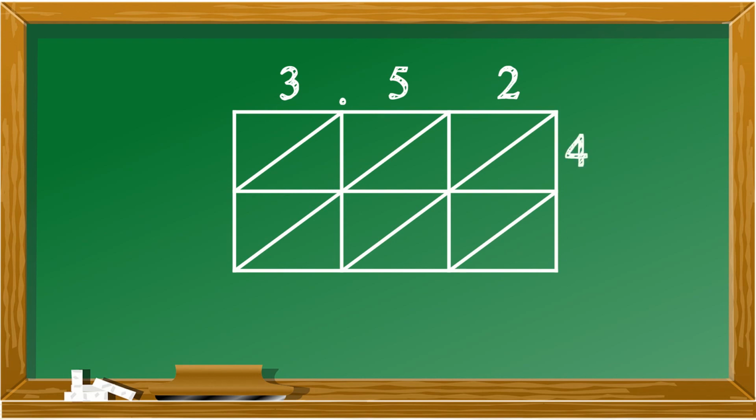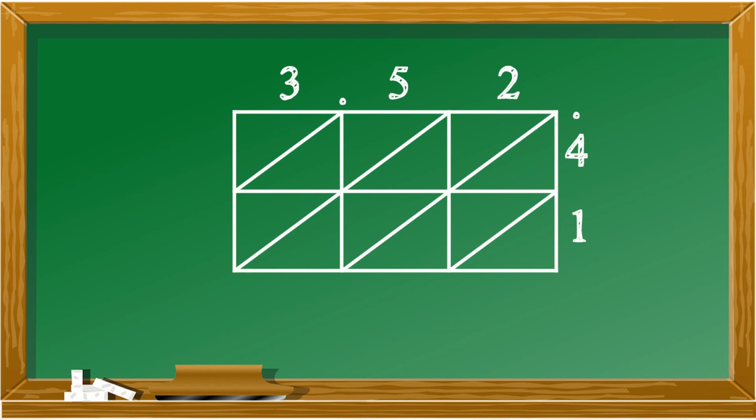We have 4 and 1, and then put the decimal place or the decimal point aligned with the horizontal line. Just like that. Okay, let us start multiplying.